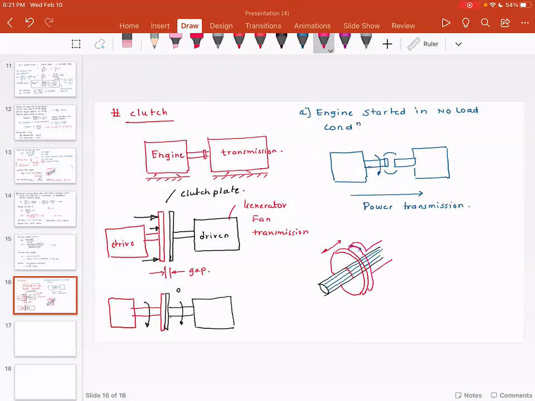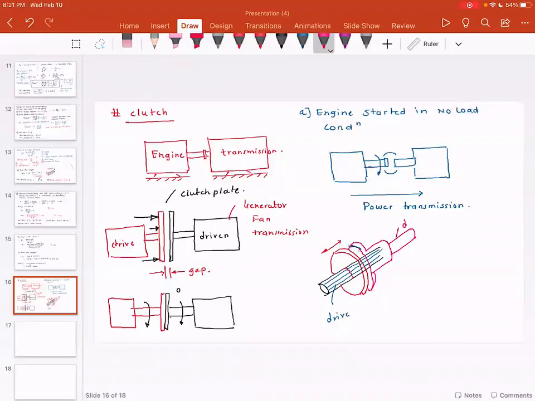So this is drive, this is driven, and this is a solid shaft, by the way.